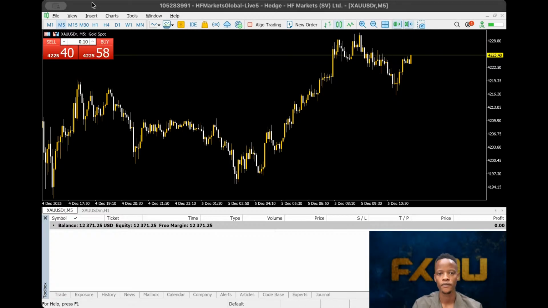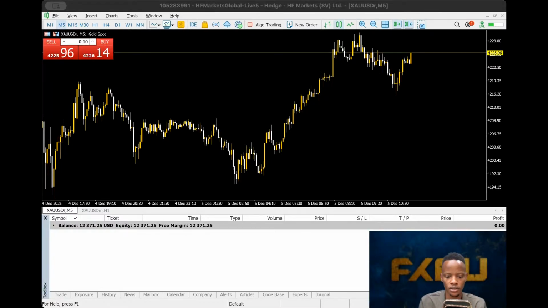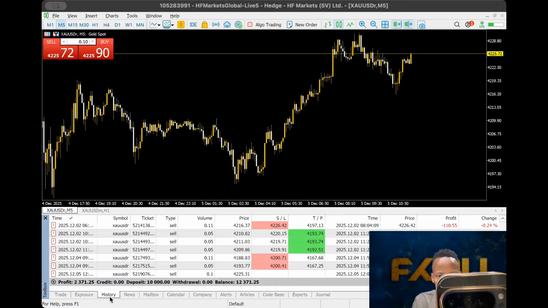So the broker I trade with is HFM. Why do I trade with HFM? It has tight spreads. It has very, very, very tight spreads. If you can see the history, this is a real account, HFM Markets Live.